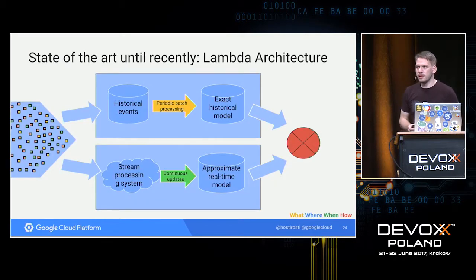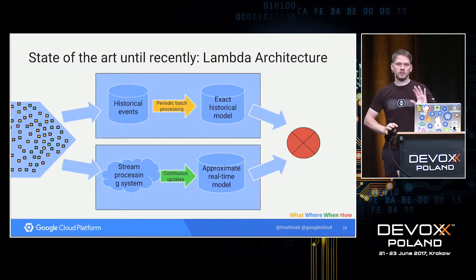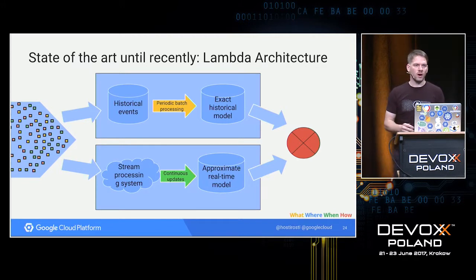Now, if you look at the state-of-the-art architecture for these use cases we just saw, how to actually get the results out of your data processing pipelines, traditionally you looked at a lambda architecture setup to get either your really correct results with some more latency, or your estimates in a more streaming fashion.